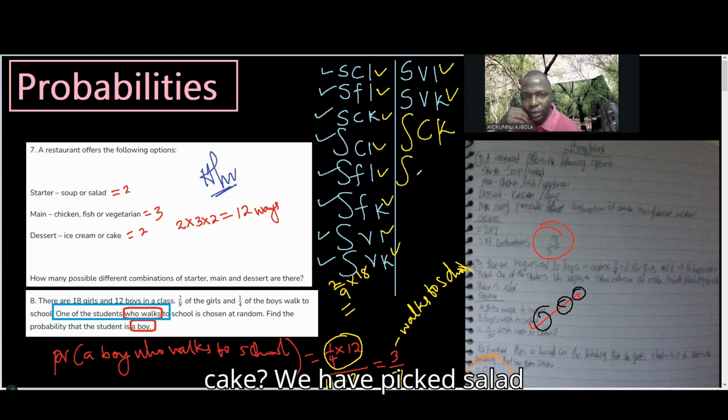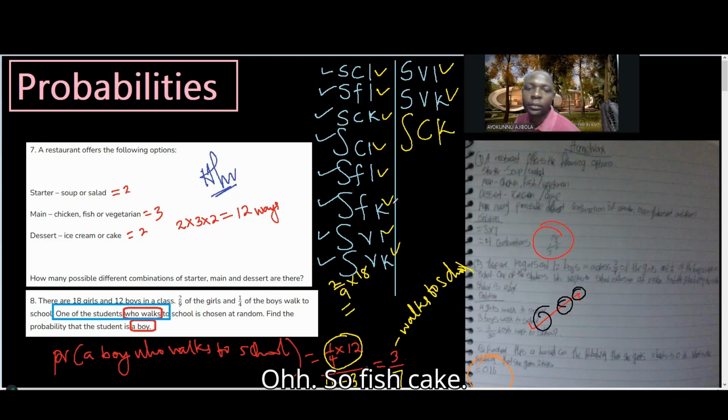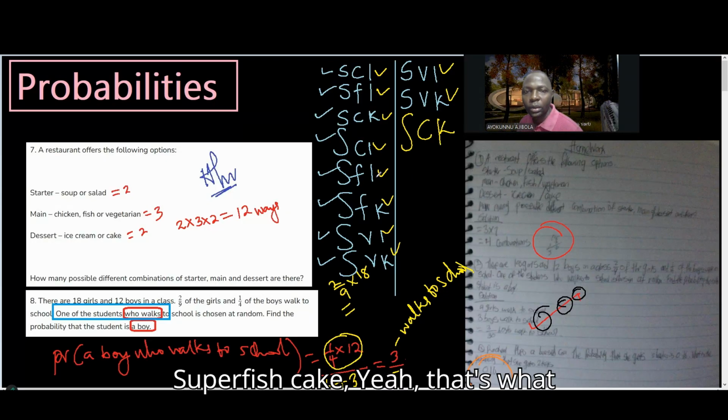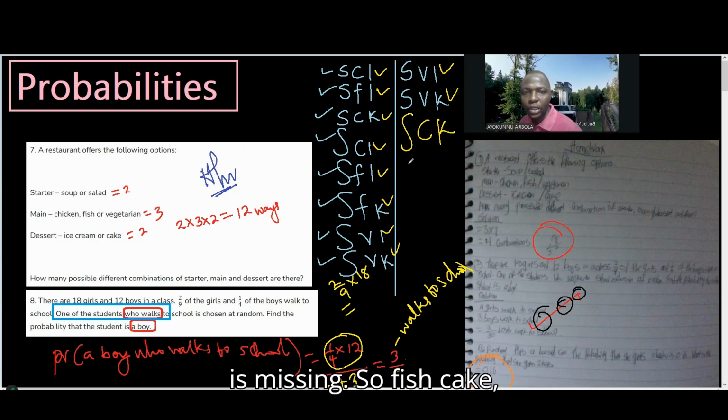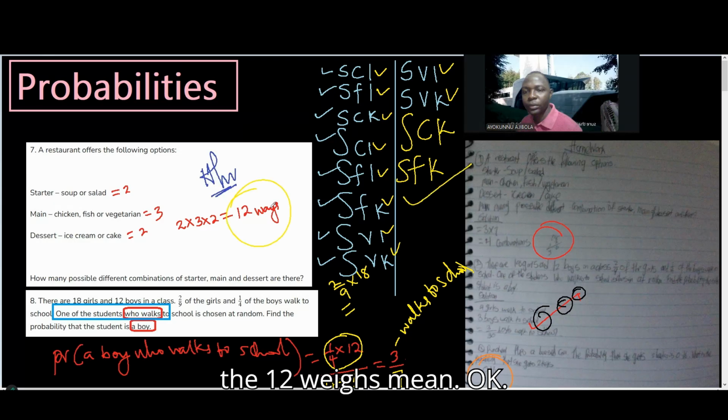And salad, fish, cake, we have picked here. Oh, soup, fish, cake. Yeah, that's what is missing. Soup, fish, cake. That's 12. And that's what the 12 ways mean. Okay.